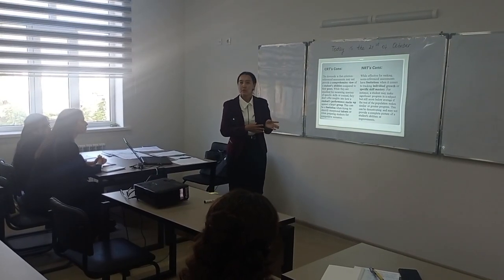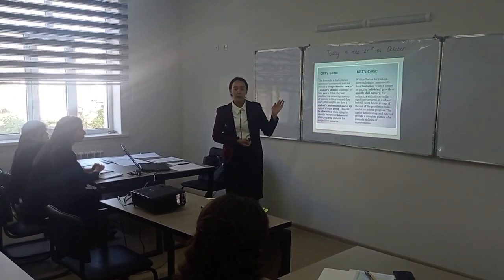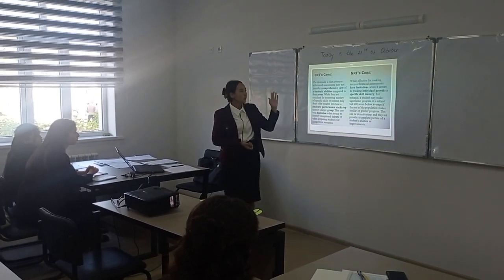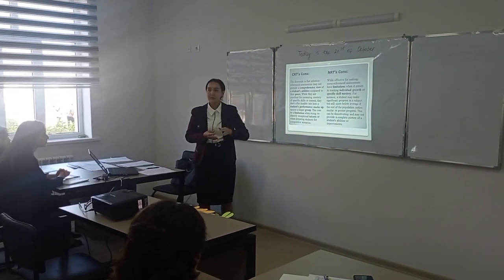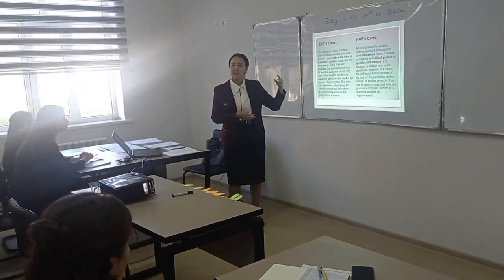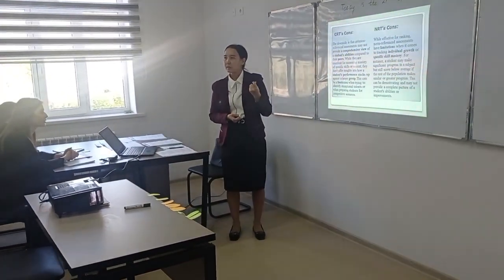Now the bad sides of these two types of assessment. What is the bad side? When we use criterion-referenced assessment, we cannot compare students' performance against a larger group, because this assessment is used in order to assess just one student's performance.